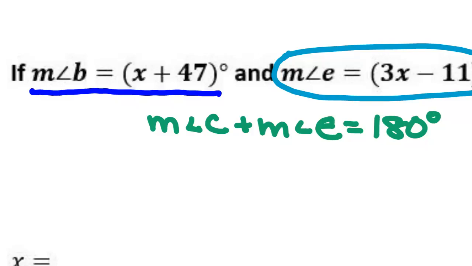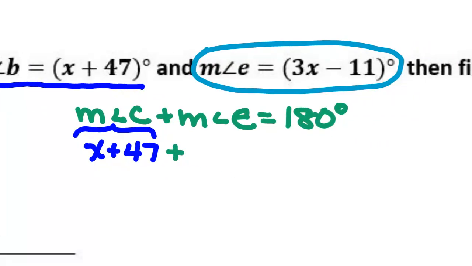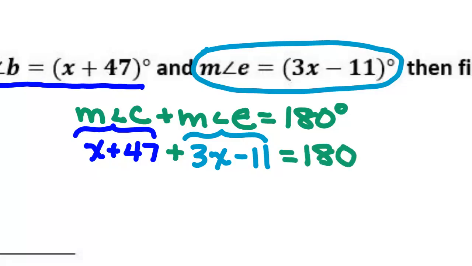We're adding our two consecutive interiors, which is C and E. C is the same size as B, so I substitute in x plus 47 in the place of the measure of angle C. In the place of the measure of angle E, we put 3x minus 11, and then equals 180.